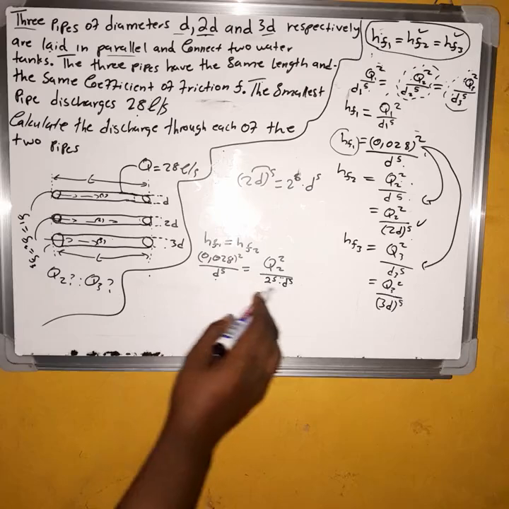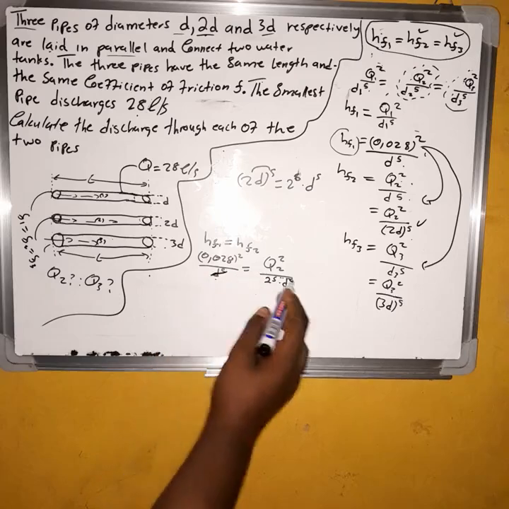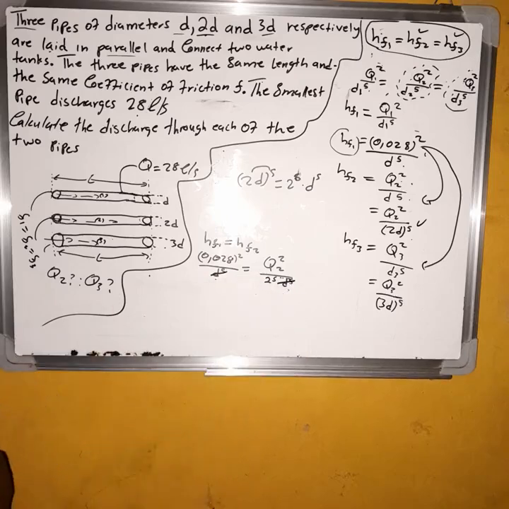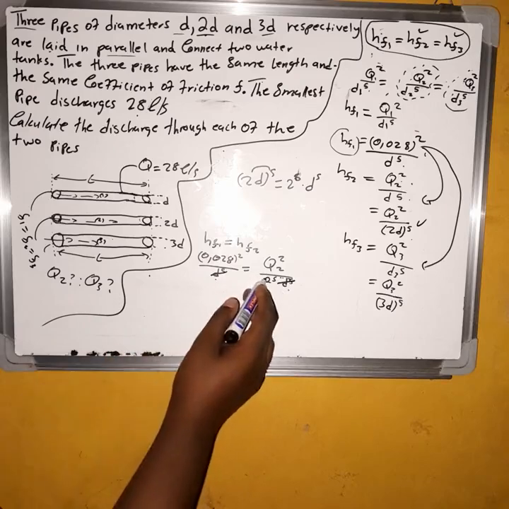Mathematically, the denominator is the same, so this will cancel this. Then you cross multiply.